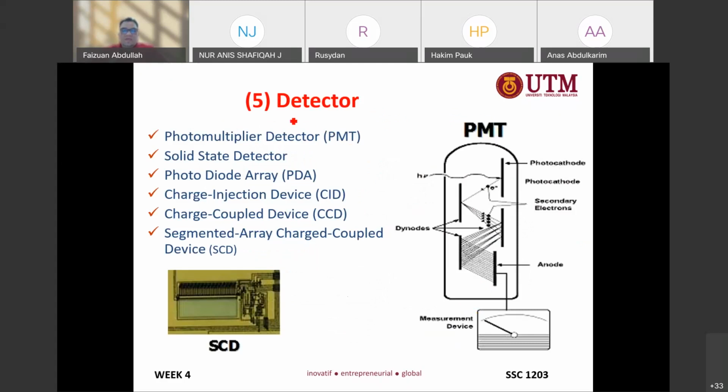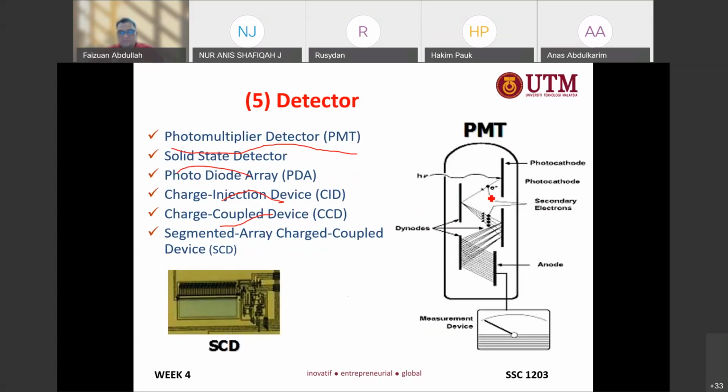We have the detector. In every analytical instrument, we have a detector. So remember, you have seen the word photomultiplier detector before in the UV instrument. The solid state detectors include the photodiode array, charge injection device, charge coupled device, and segmented array charge coupled device, SCD.